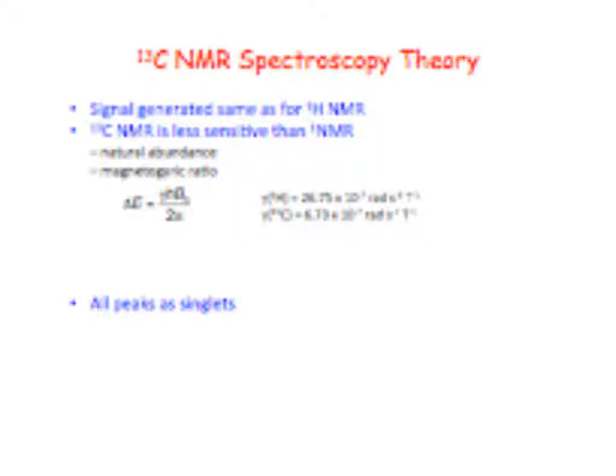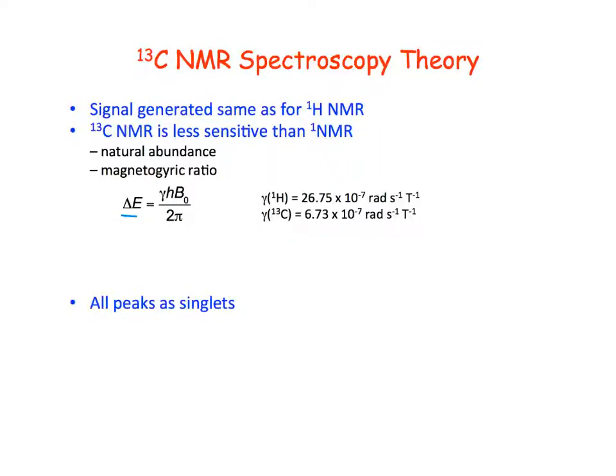Remember that the energy gap, delta E, which is also related to h nu, the frequency, equals this value here, gamma h B0 over 2 pi. Remember, h is just Planck's constant, B0 is the applied magnetic field, but this is where this gamma value, the magnetogyric ratio, comes in.